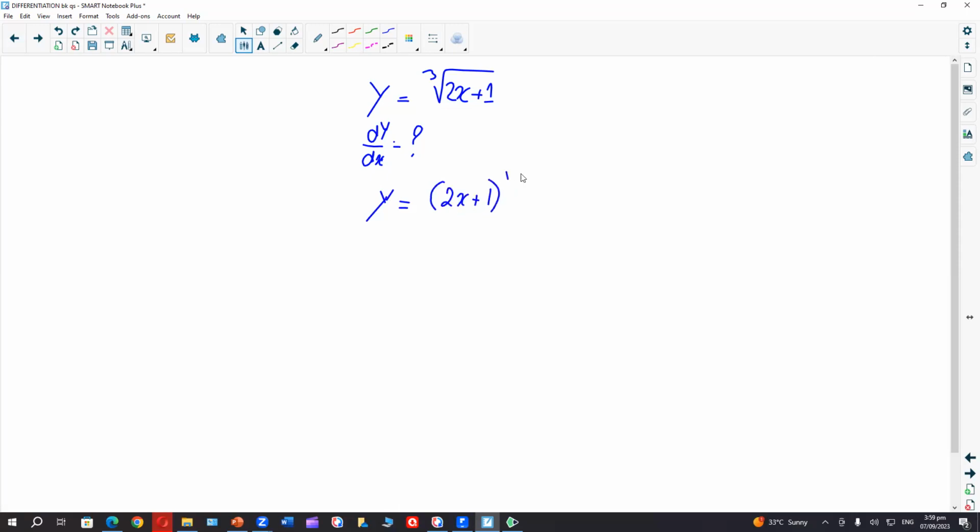See the first step. When you differentiate, you have to bring the power in the start. What is 1 upon 3 minus 1? Minus 1/3. Look at this, 1 upon 3 minus 1.